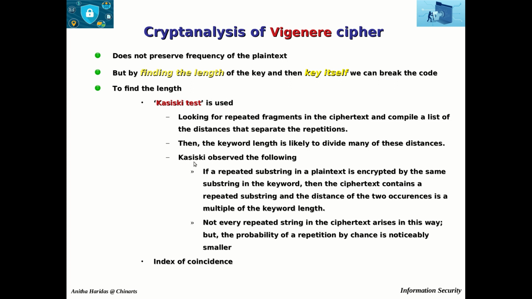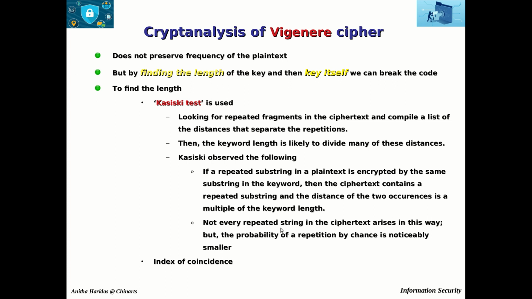So, Kasiski is a researcher who observed the following. If a repeated substring in a plain text is encrypted by the same substring in the keyword, then the ciphertext contains a repeated substring and the distance of the two occurrences is a multiple of the keyword length.